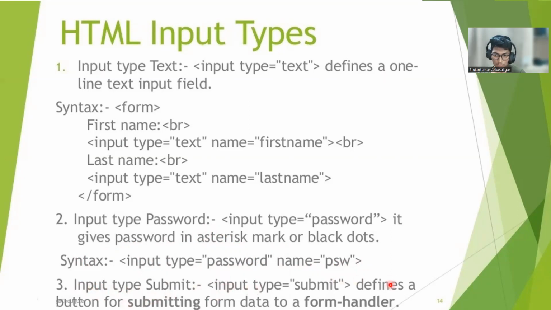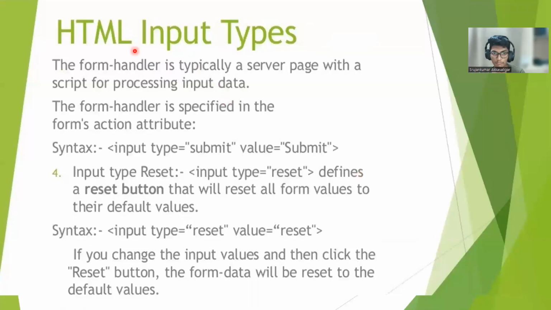Submit defines a submit button for submitting form data to a form handler. The form handler is typically a server page with a script for processing input data, that is for the backend, and the form handler is specified in the form's action attribute. The syntax is input type equal to submit and value equal to submit, and then close that element.